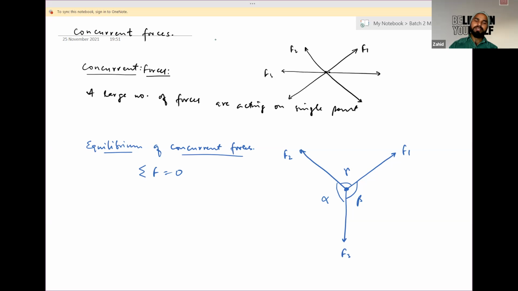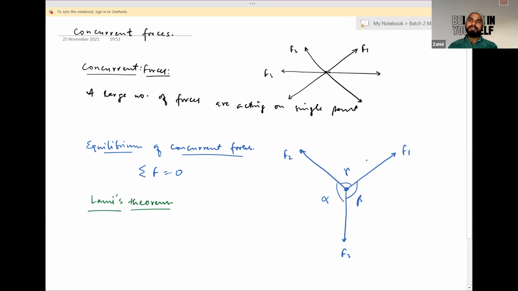Mariam, would you explain Lami's theorem? If the sum of all forces acting on a single point sums up to 0, it means these 3 forces will form a closed loop.